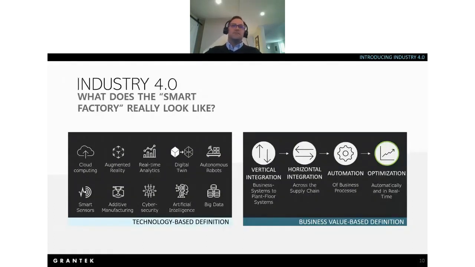That stuff's always on the list. The one reason I don't love this technology-based definition is because the list is always changing. Technologies that apply are different from one industry to the next. So it's not the best way to think about Industry 4.0. It's sort of a moving target and not really the way I like to think about it.